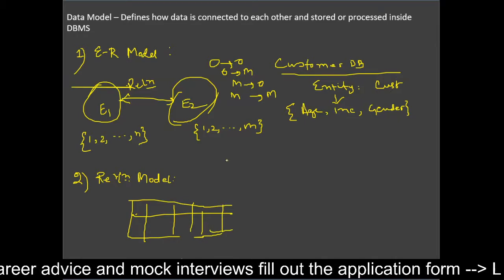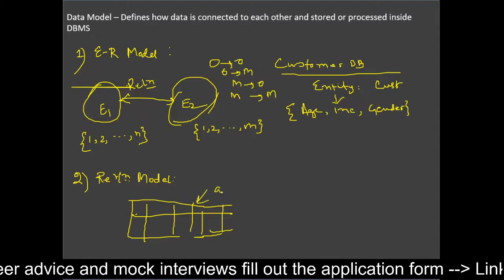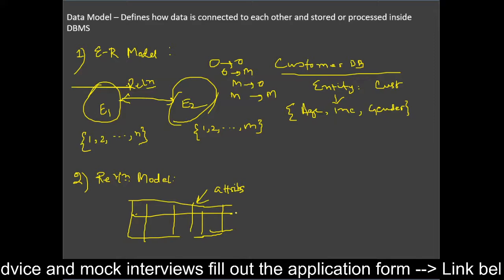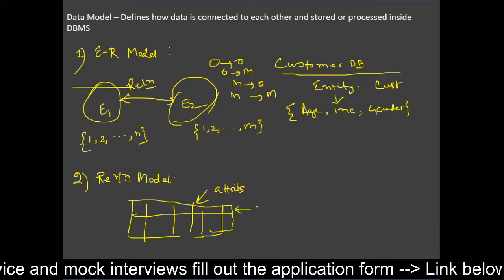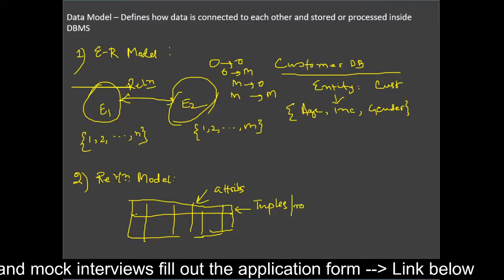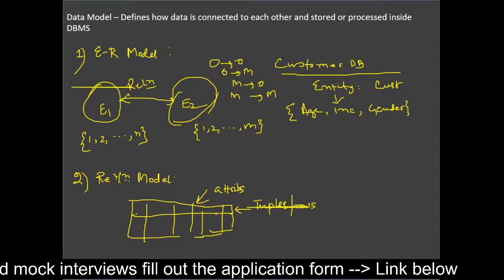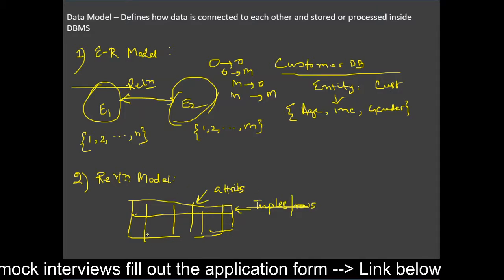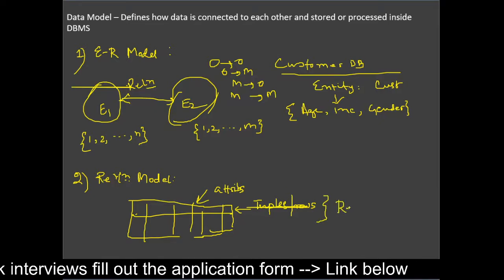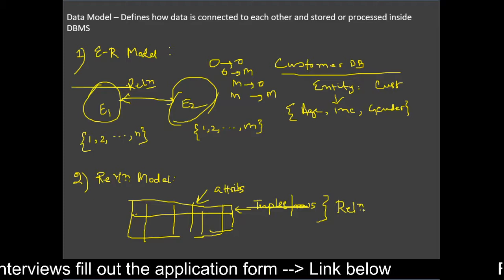So here the columns can be thought about as the attributes of your data, and the rows are also called tuples. And the relationship that's being shown between the attributes and the tuples is given by a table.